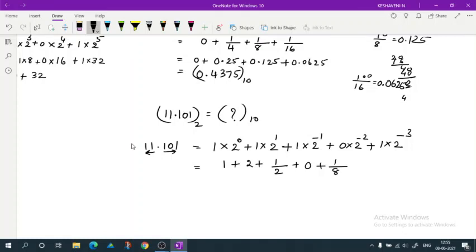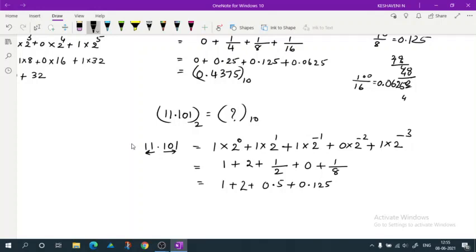That's equal to 1 plus 2 plus 1 by 2 is 0.5 plus 1 by 8, 1 by 8 is 0.125.